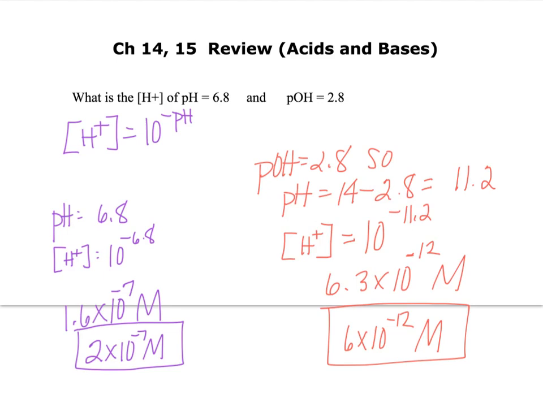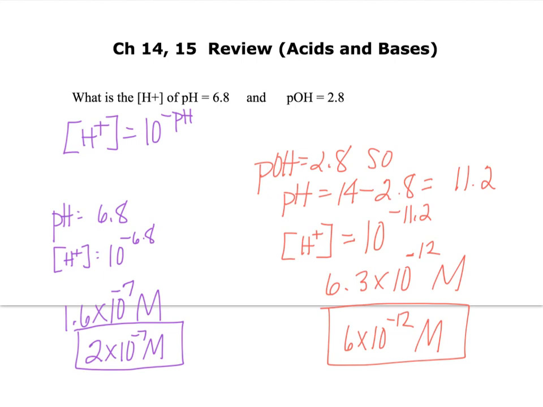And so because we took the negative log to get pH, we have to take 10 raised to the negative pH. So the first one is straightforward because it gives us pH. So we just take 10 raised to the negative 6.8. And then when we do that in the calculator, we get 1.6 times 10 to the negative 7. Because the pH only had one decimal point, we need one significant figure in our answer. So that becomes 2 times 10 to the negative 7 molar.